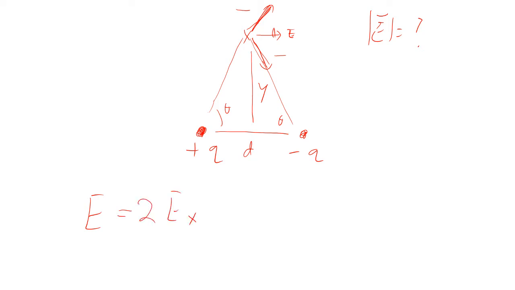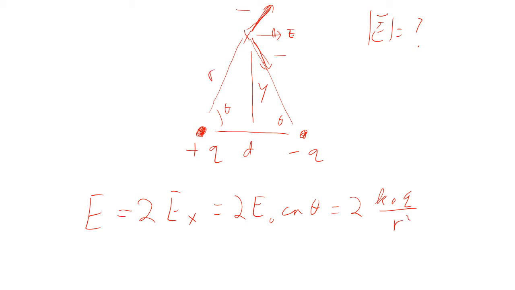They both have the same Ex. So that's going to be 2 E naught cosine theta, where E naught is just the field of one of them. And so that's going to be 2 times k_B Q over r squared.